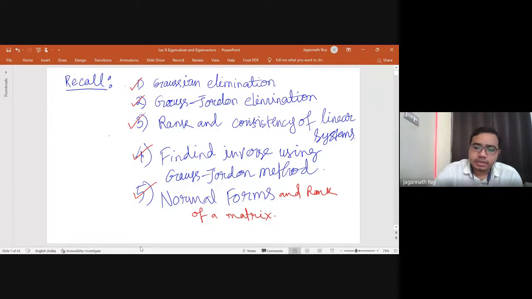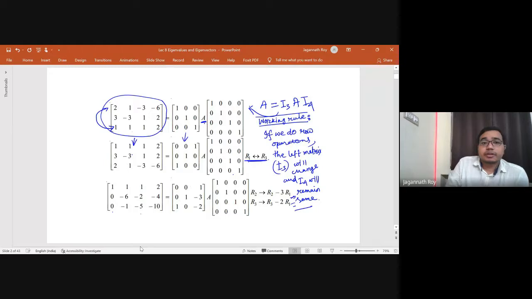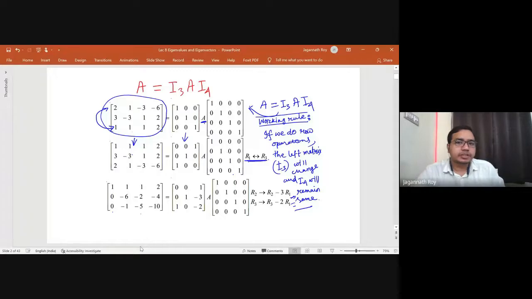Now, yesterday there was a question: if we have a matrix A, then what do we write in order to find the normal form? We write, for this particular matrix, I3, A and I4, where I4 means the 4 by 4 order identity matrix, and I3 means the 3 by 3 order identity matrix.